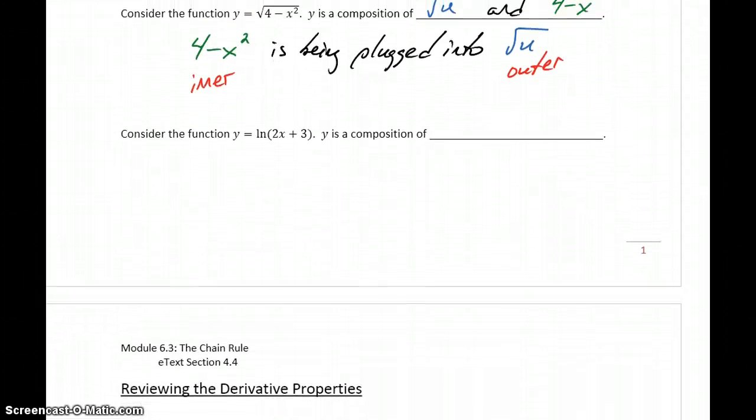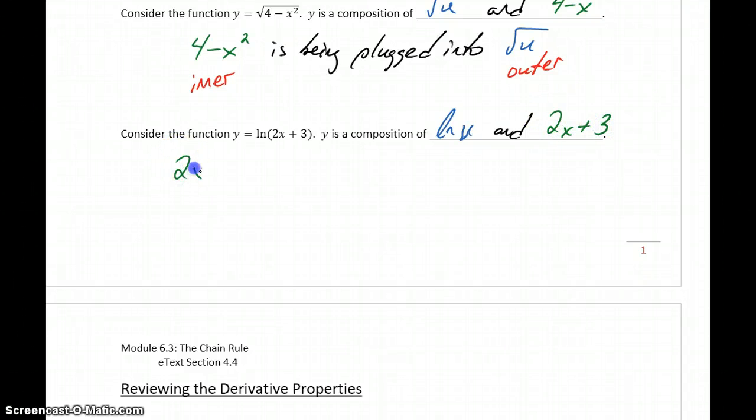And one more example here. In this case, we have y equals the natural log of 2x plus 3. So we have the natural log of u and 2x plus 3. So we have the natural log of u and 2x plus 3.